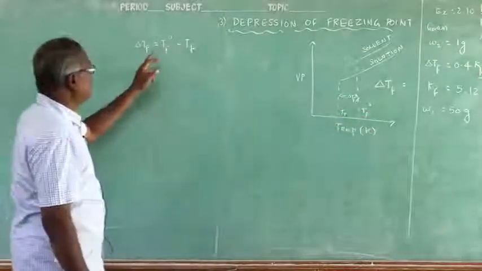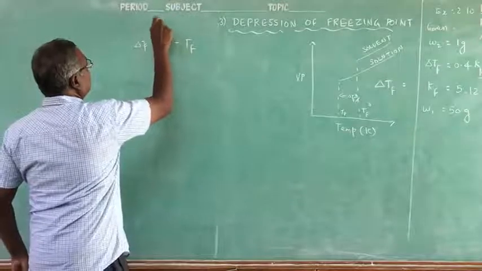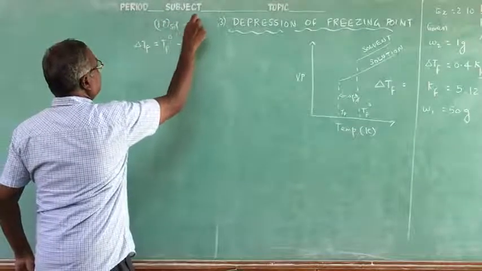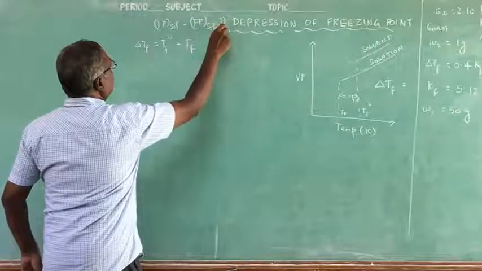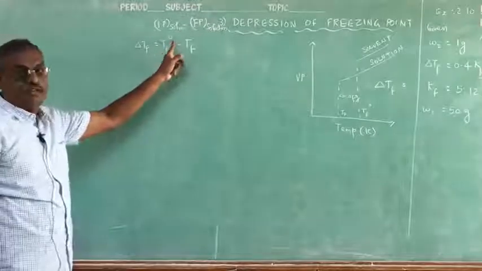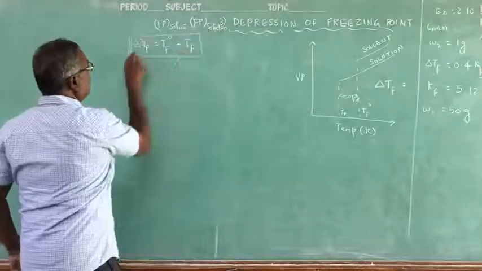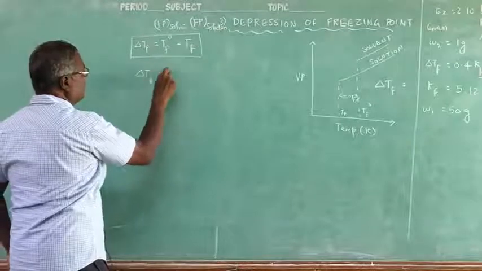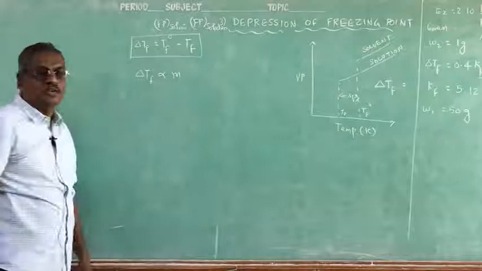So it is freezing point of solvent minus freezing point of solution. For the solvent I told that we always put naught. So you remember this. And delta TF is proportional to the molality.